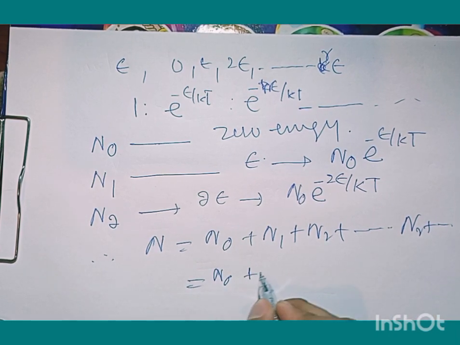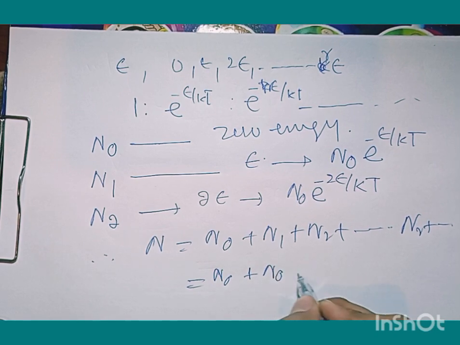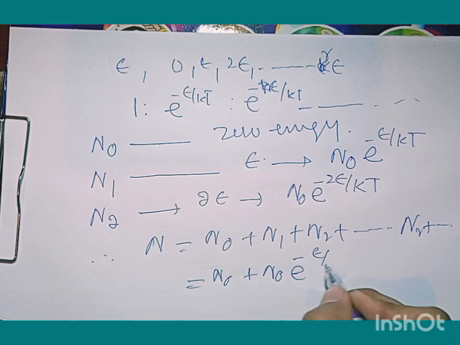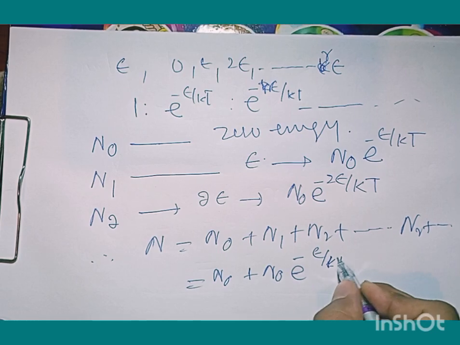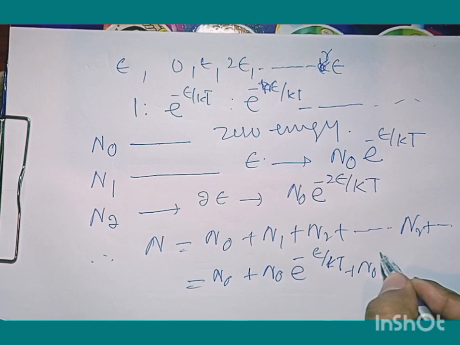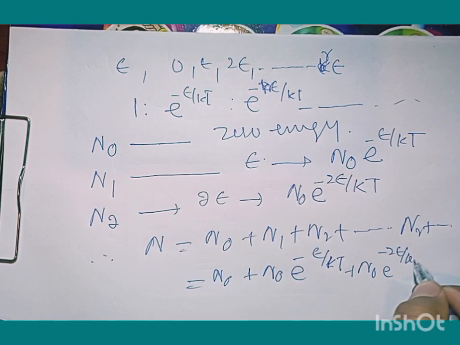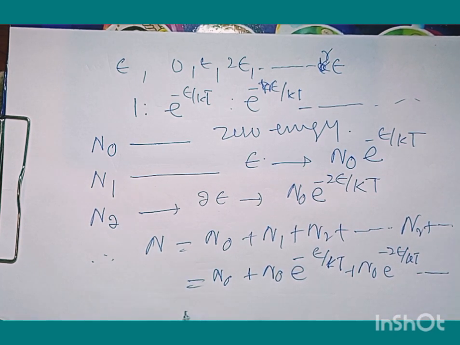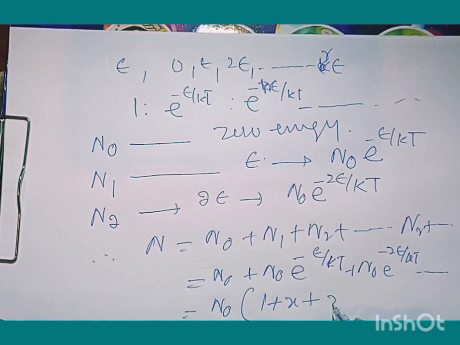So this is N0 plus N0 e to the power of minus epsilon by kT, plus N0 e to the power of minus twice epsilon by kT. And this will go on and on. And I can have N0 out. So inside I'll be left with 1 plus, let me say x, plus x squared plus so on and so forth.